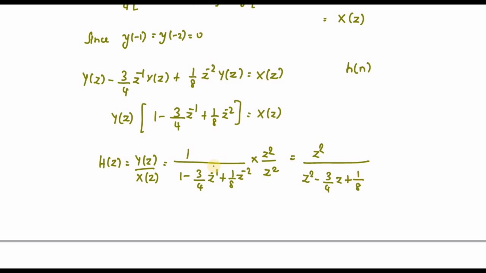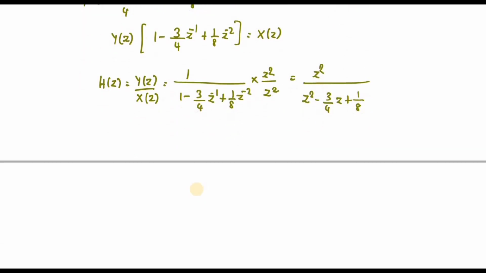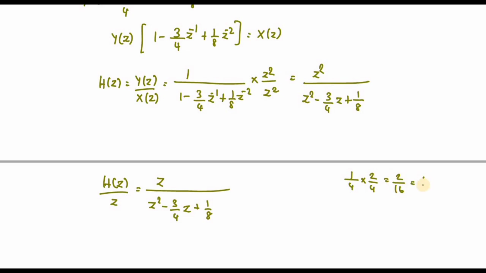Now I can write H(z) by z is equal to z divided by z square minus 3/4 into z plus 1/8. See, 1/4 into 2/4 is 2 divided by 16, that is equal to 1/8, right?